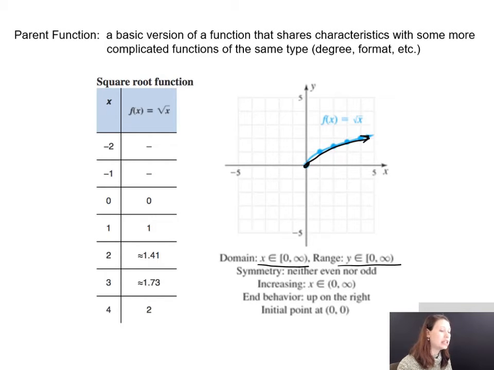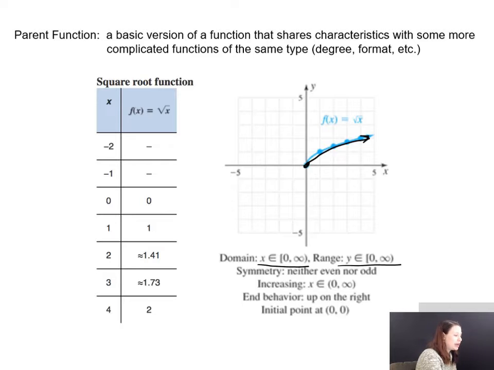Even though technically the function has two ends, that starting point, what we call an initial point, we don't count that one. We just really talk about the arrows as being end behavior. So the end behavior is only up on the right. Then it has that initial point at 0, 0.